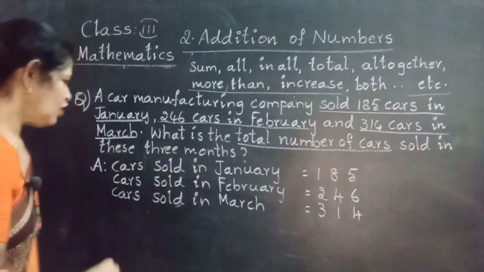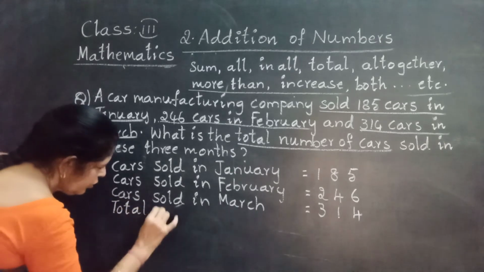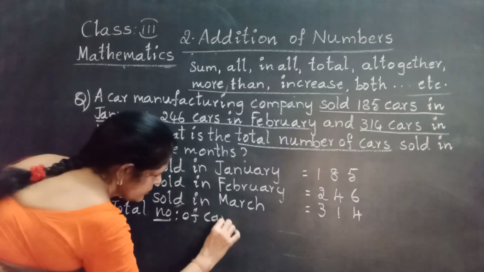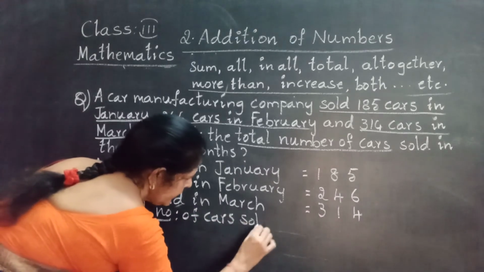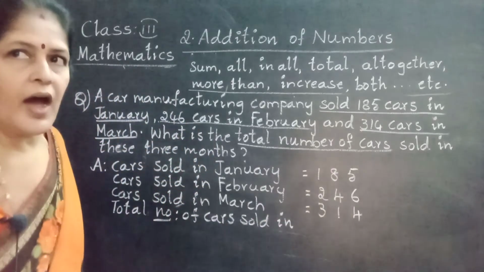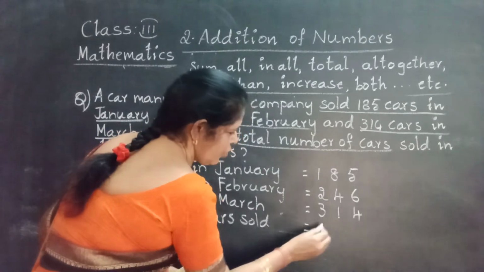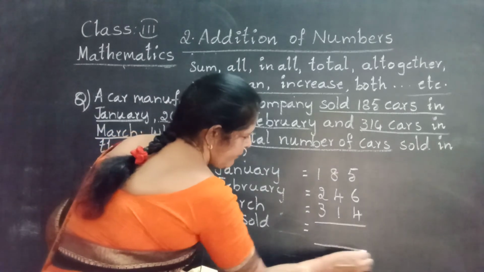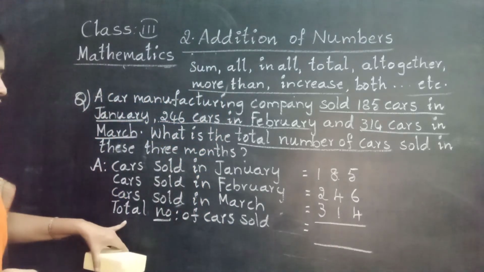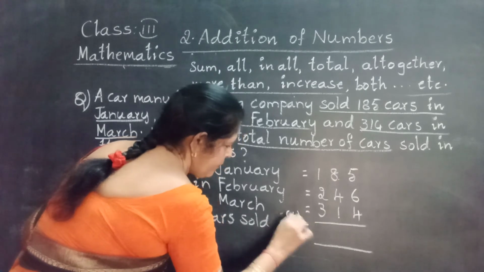Total number of cars sold in 3 months. Right? 3 numbers, one below the other, correctly. Here we have to find out the total. That's why put the symbol plus.